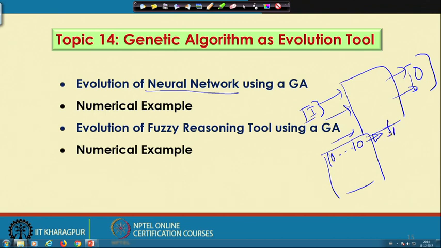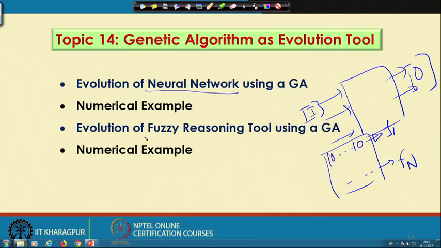So, corresponding to each of these GA strings, we get the fitness information, then we use genetic algorithm to modify it, and ultimately GA will be able to evolve that particular multi-layered feed forward network.